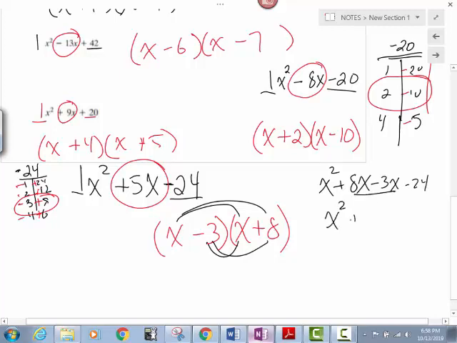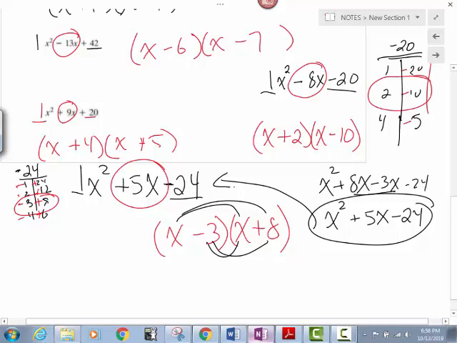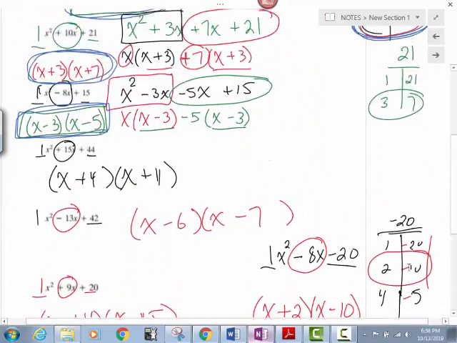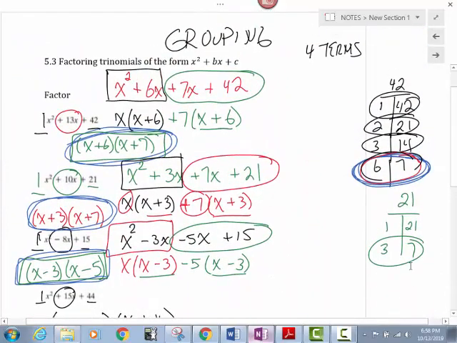We can combine those two to give me a positive 5x and my minus 24. And if you notice, that's what we started off with, right? So this here is my answer. This part right here, guys, is just to make sure that I do it right. And you can do that with any of the problems that you have up here. You can always do the check, right?